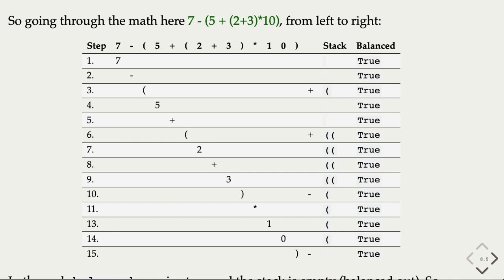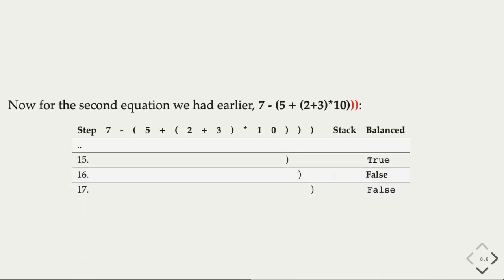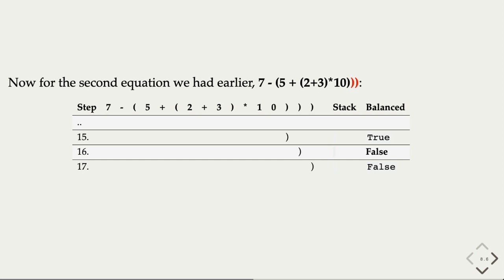Now let's take a look at one that is not balanced. Remember the second example that we had earlier with the extra close parentheses. So this is just adding 2 extra close parentheses to the earlier formula, which was correct. And so it's going to follow the same 15 steps that we discussed earlier.